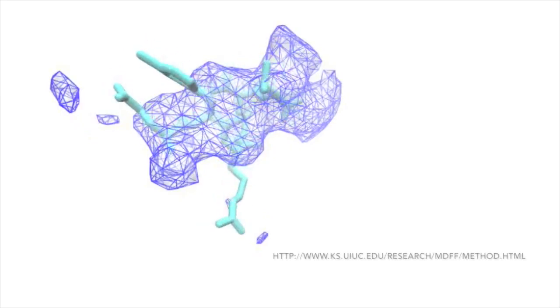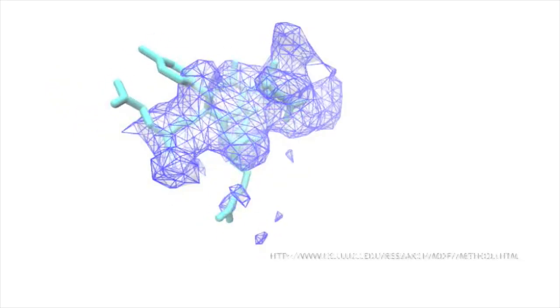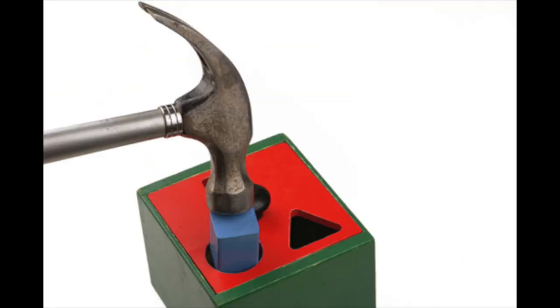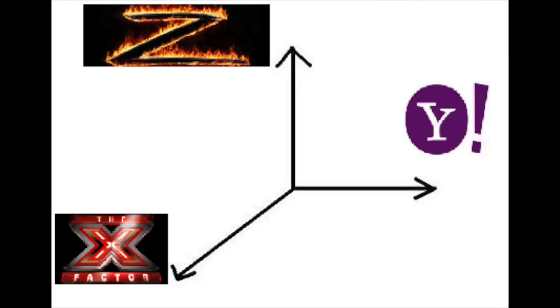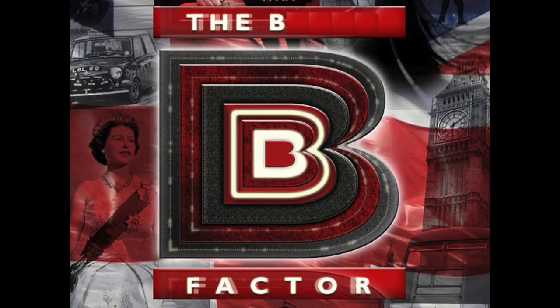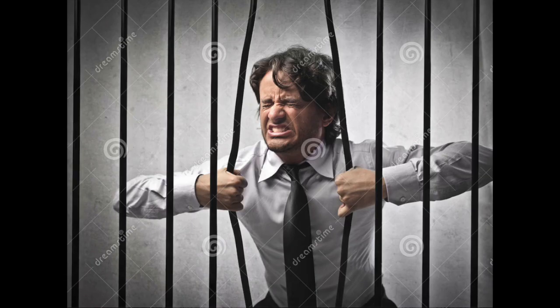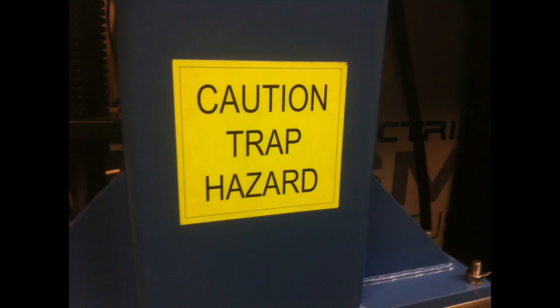If the refinement process is extended too much, artifacts in the model can develop due to overfitting. Each atom has 3 position coordinates and a B factor, indicating the degree of movement of the atom in the crystal. We have far more degrees of freedom in our model than in the data, thus overfitting is a constant danger.